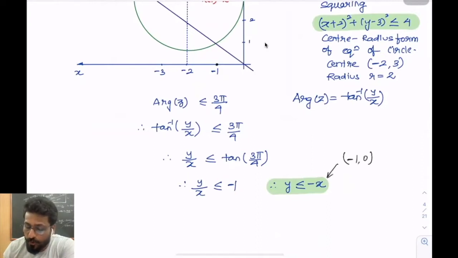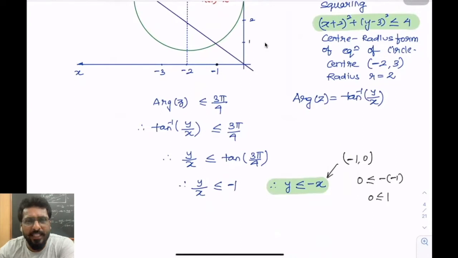So in place of x, you are going to plug -1, and in place of y, you're going to plug 0. So that's 0 less than or equal to minus of -1. What's happening? 0 less than or equal to 1. Is that true? Is 0 less than 1? The answer is yes. That means this point, -1, 0, that I've marked over here, is definitely a point which belongs to the solution of y less than or equal to -x.